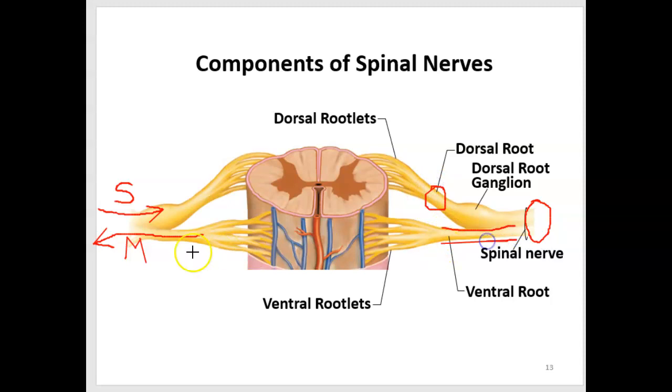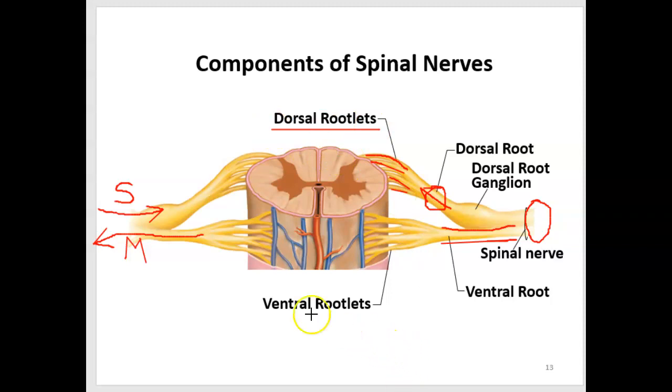The ventral root is what carries the motor information, and the dorsal root is what carries the sensory information. The sensory information coming in to the spinal cord in a dorsal root then is divided up into tinier, smaller bundles, and these little bundles are called dorsal rootlets.